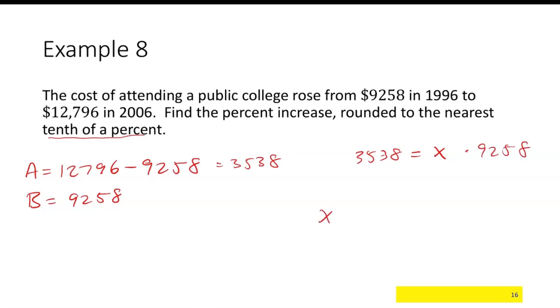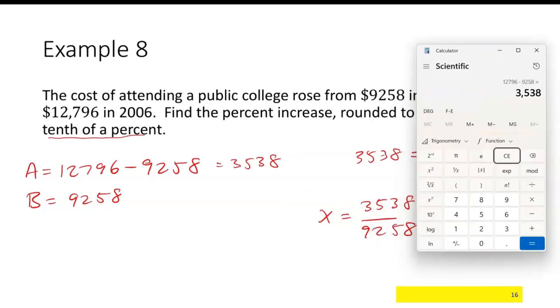So we divide: 3,538 divided by 9,258. And to the nearest tenth, that's 0.382. That comes out to 38.2%.